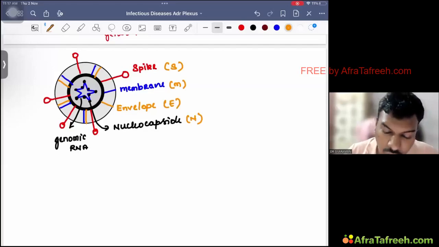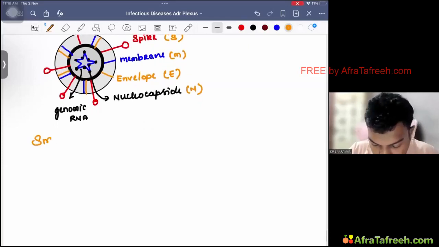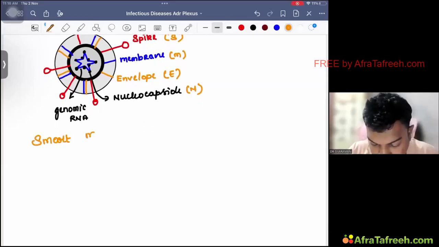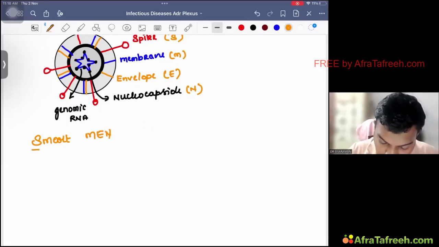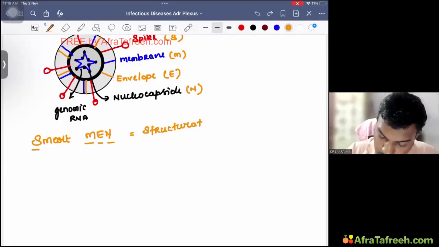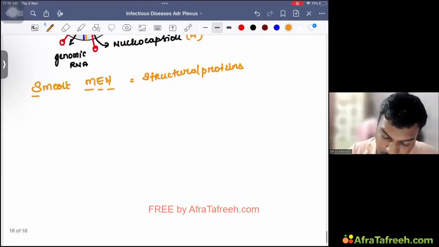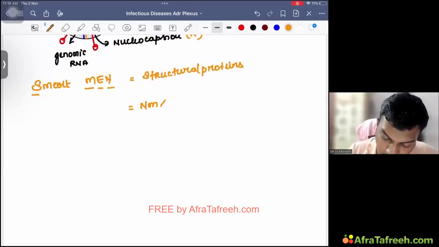So it has structural proteins called S, M, E, N: spike, membrane, envelope, and nucleocapsid. These are structural proteins. At the same time, it has non-structural proteins.